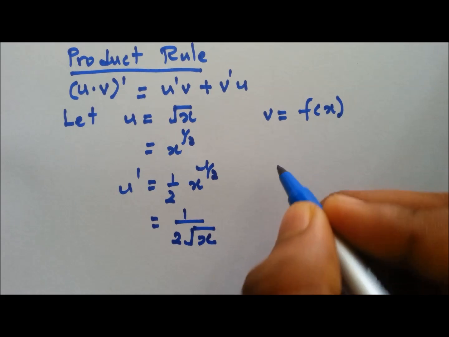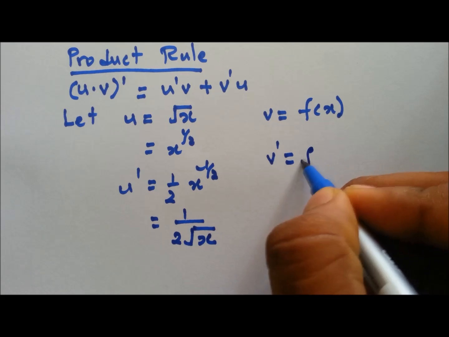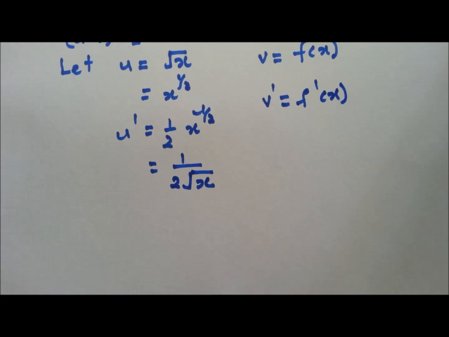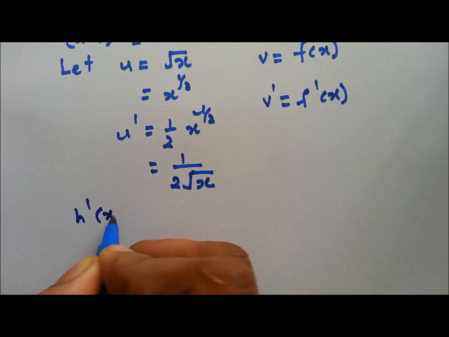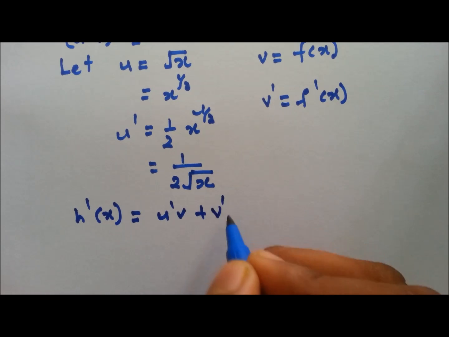Then if I differentiate v, I get v prime. The derivative of f of x becomes f prime of x. So utilizing the product rule, h prime of x becomes u prime v plus v prime u.